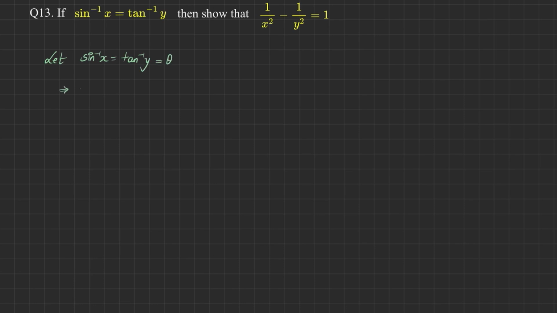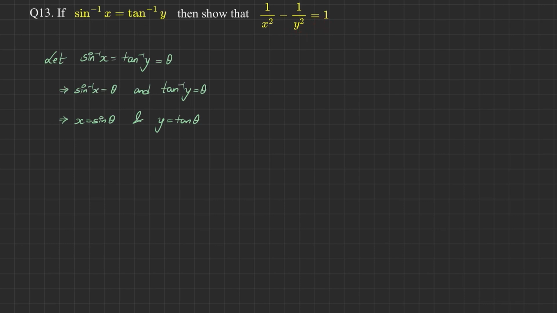That means sine inverse x is theta and tan inverse of y is also theta. So from here x equals sine theta and y equals tan theta. I have to show that 1 over x square minus 1 over y square equals 1.